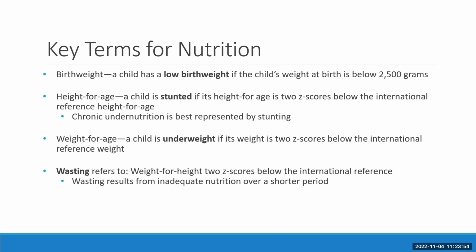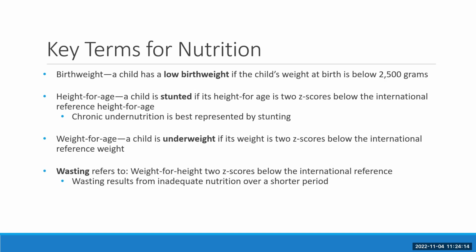A child who is stunted, this is measured by height for age. It is a child's height being 2 Z-scores below the international reference for height and age. If you've taken a statistics course, a Z-score is tied to that normal distribution.